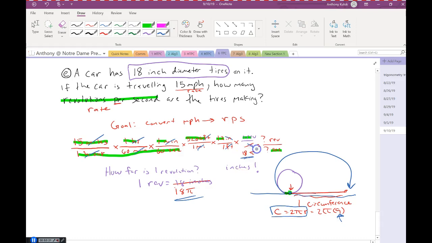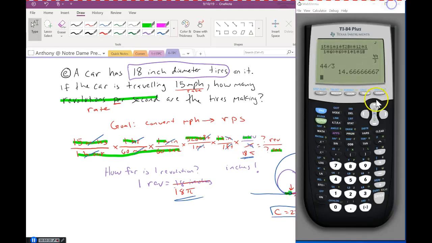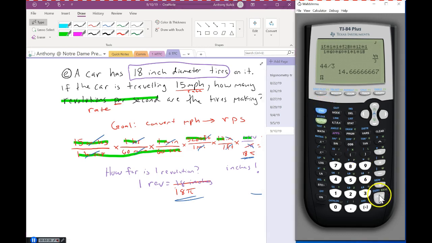So I plugged in 18 pi here, and now I'll go back to my calculator and fix this, because I forgot to do the circumference. So if I do that now, that's much more reasonable.